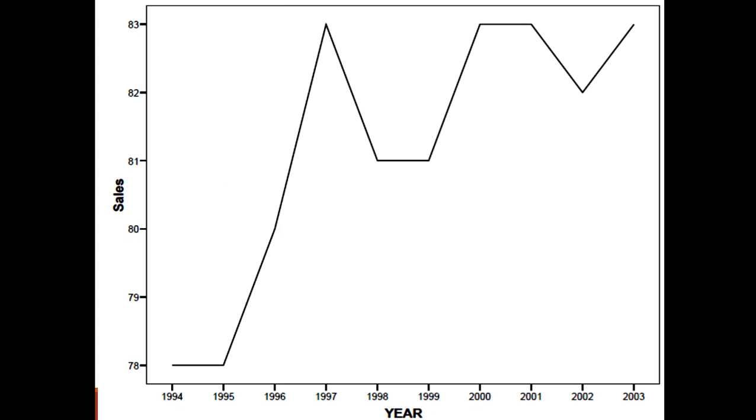Okay, in 1994 and in 1995 the sales are 78, and so on. So I'll plot the data across those two axes. Okay.